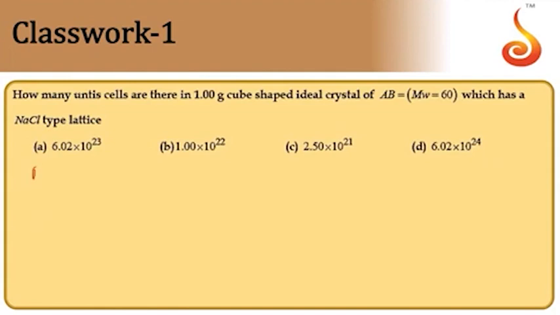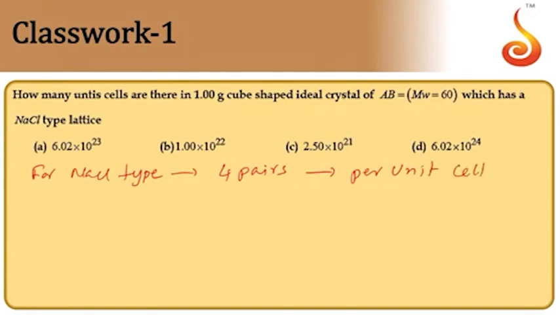For NaCl type, the number of pairs is 4. 4 pairs of ions are there per unit cell.